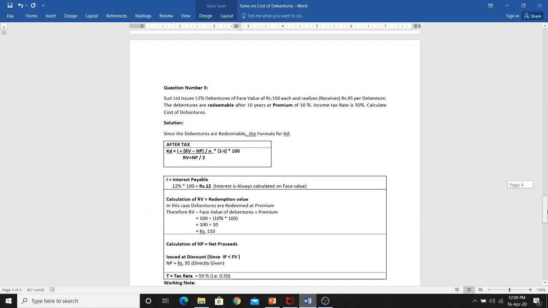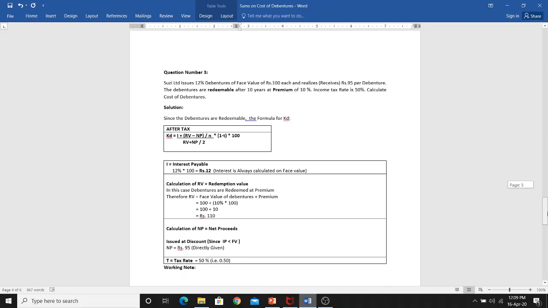Now the last is one last sum I have done. After that, there are sums for practice for you all. Suzy Limited issues. Here I have not specified whether it is redeemable or irredeemable, so we will find out. Suzy Limited has issued 12% debentures of face value 100. Now what is the meaning of 12%? When any percentage is specified before the word debentures, this is the interest rate that is payable.